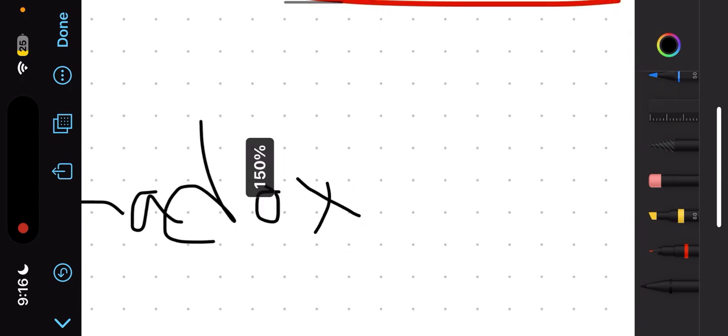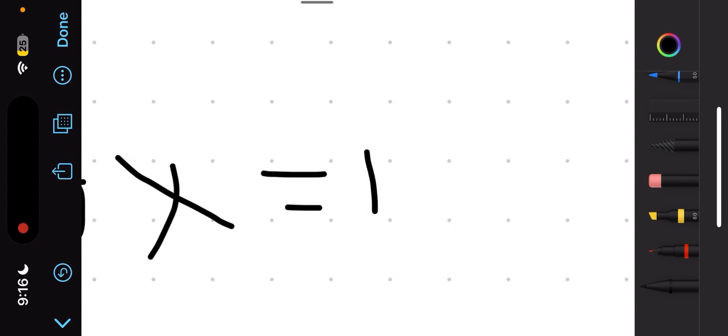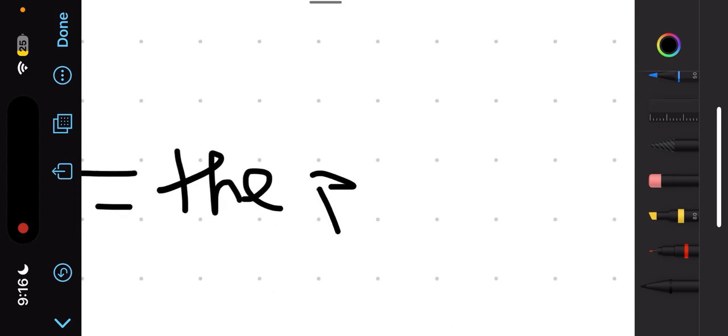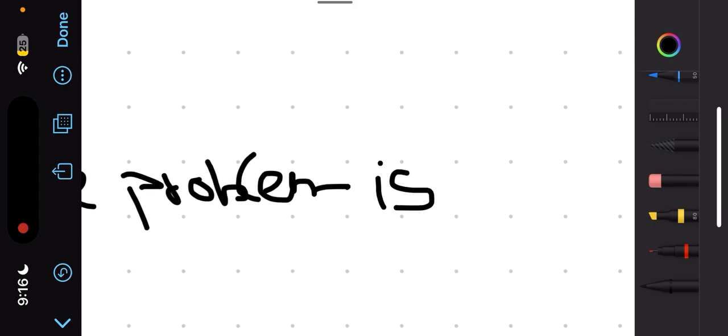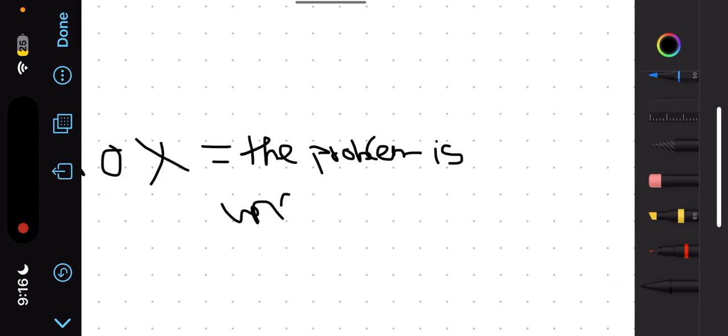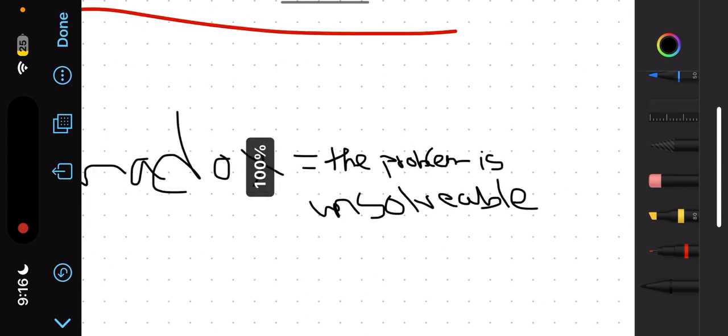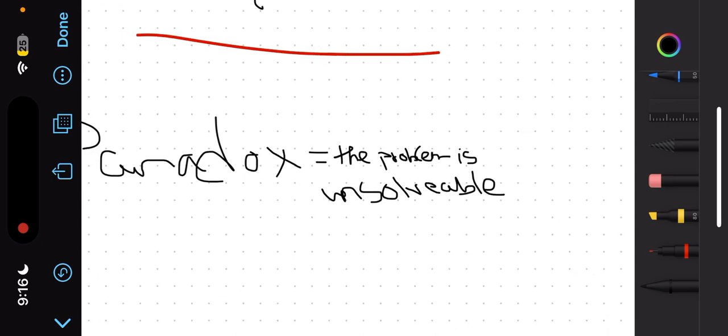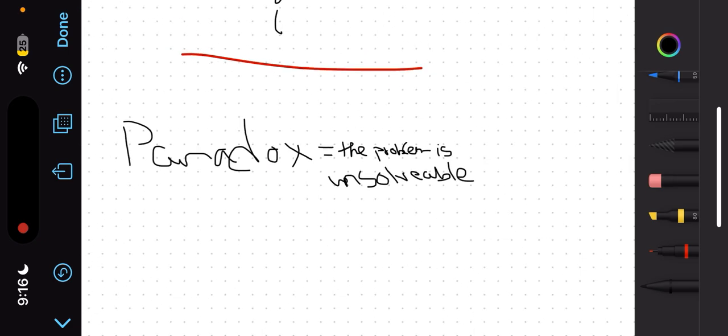Now what is a paradox actually? In simple terms, the problem is unsolvable. When a problem is unsolvable in mathematics, we call it a paradox.